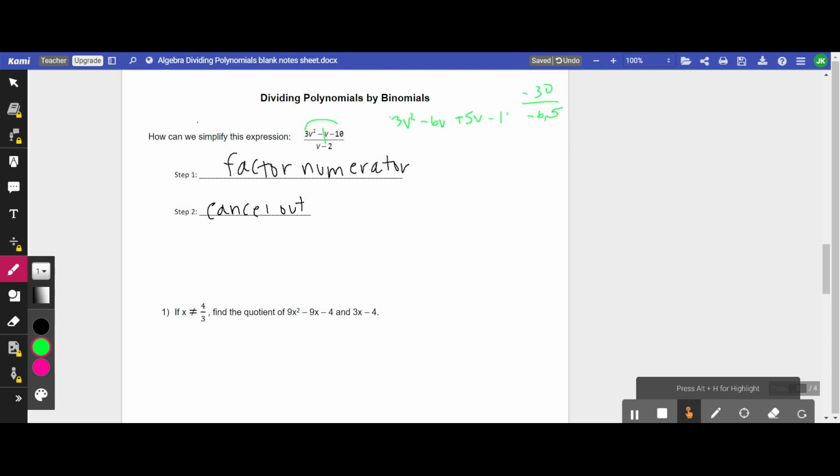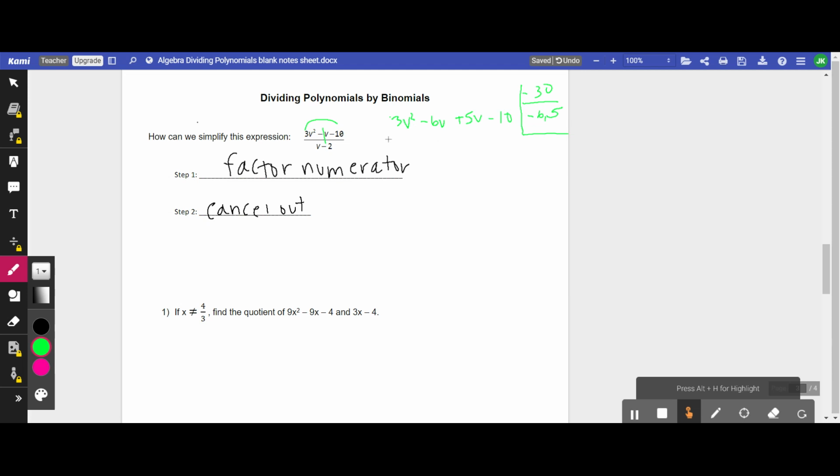And remember, you're grouping your first two terms and then your last two terms. So 3b squared minus 6b. Your GCF for both of those will be a 3b that you can factor out to start.